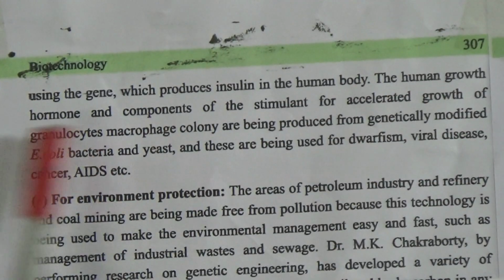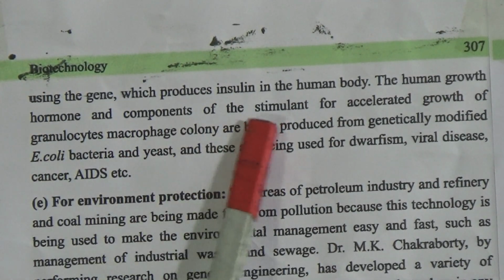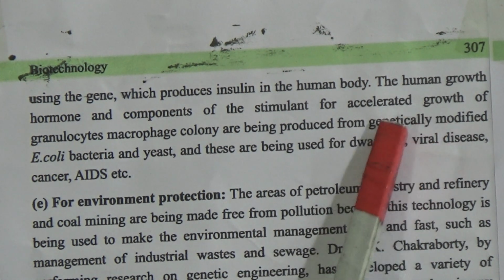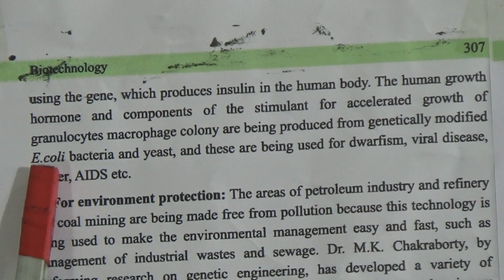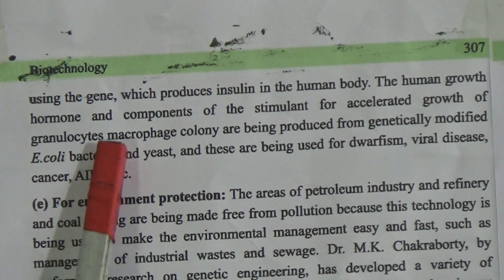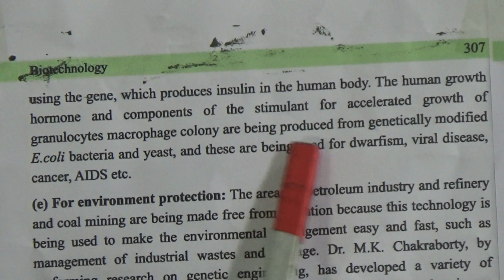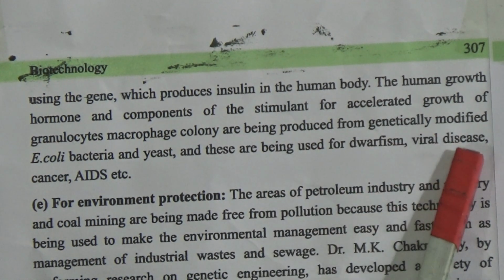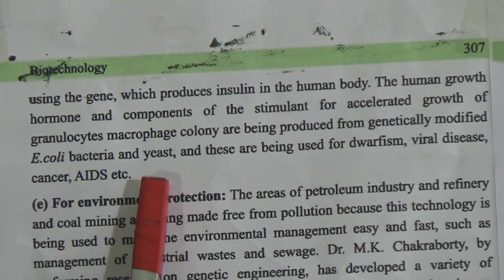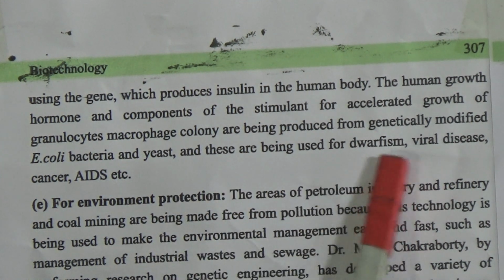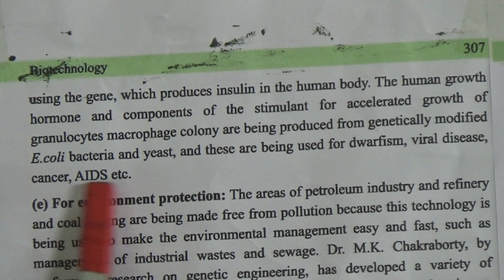The human growth hormone and the stimulant for the acceleration of growth of granulocyte macrophage colonies are being produced from genetically modified E. coli bacteria and yeast, and these are being used in dwarfism, viral disease, cancer, and AIDS.